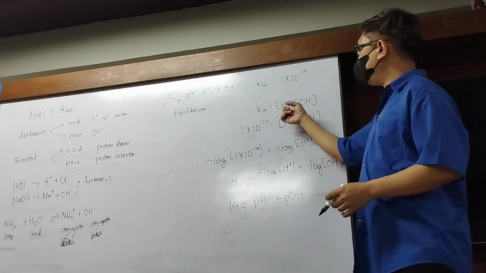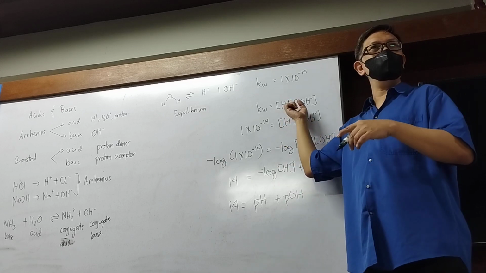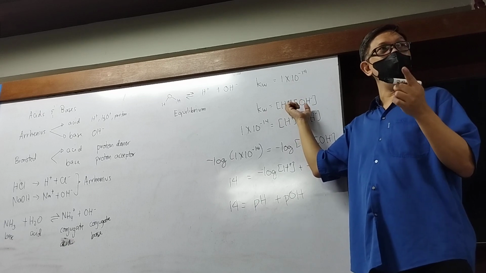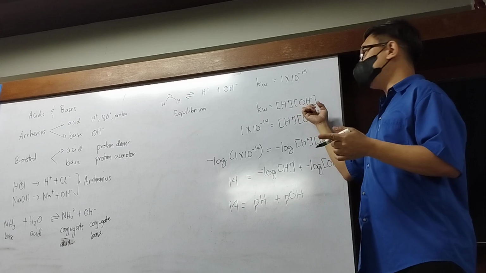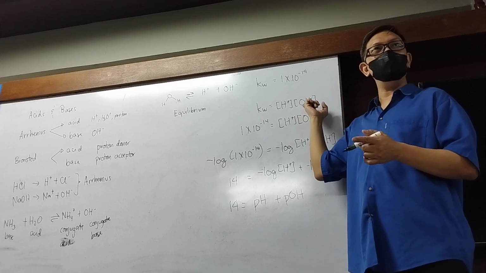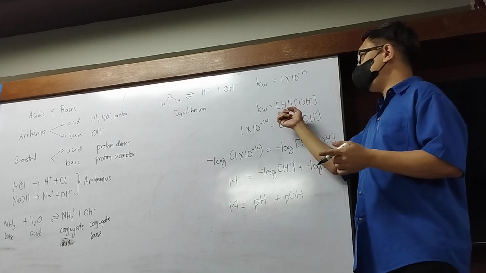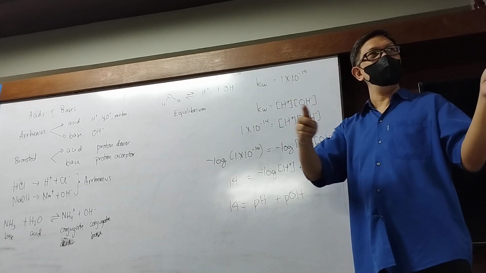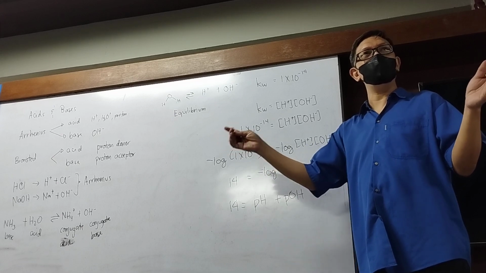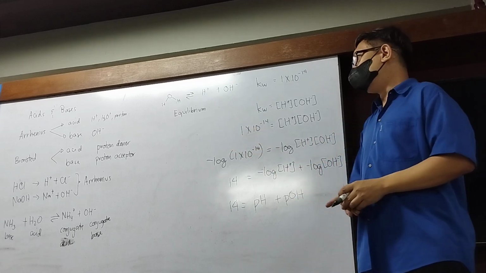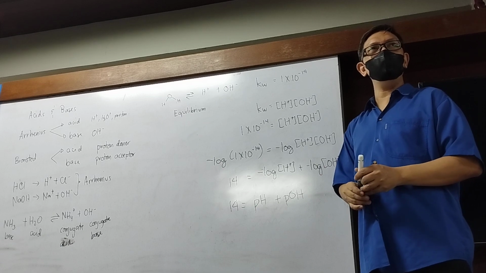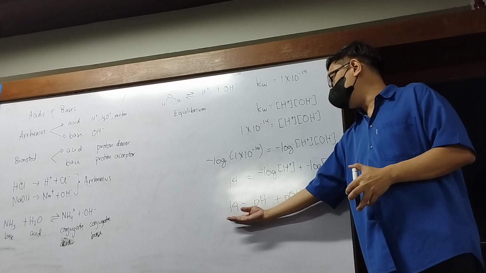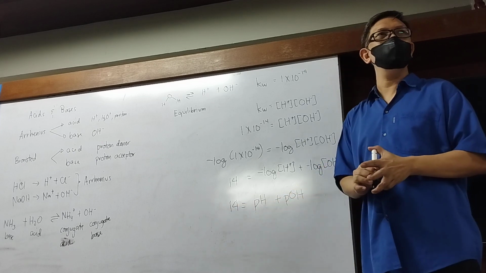So ang range ng H plus concentration, it can be 1, so this becomes 1 times 10 to the negative 14. Or this can be 1, this is 1 times 10 to the negative 14. Pero nasa range lang between 1 and 1 times 10 to the negative 14. So, yun yung rationale kung bakit ito na yung limit ng pH plus pOH natin.